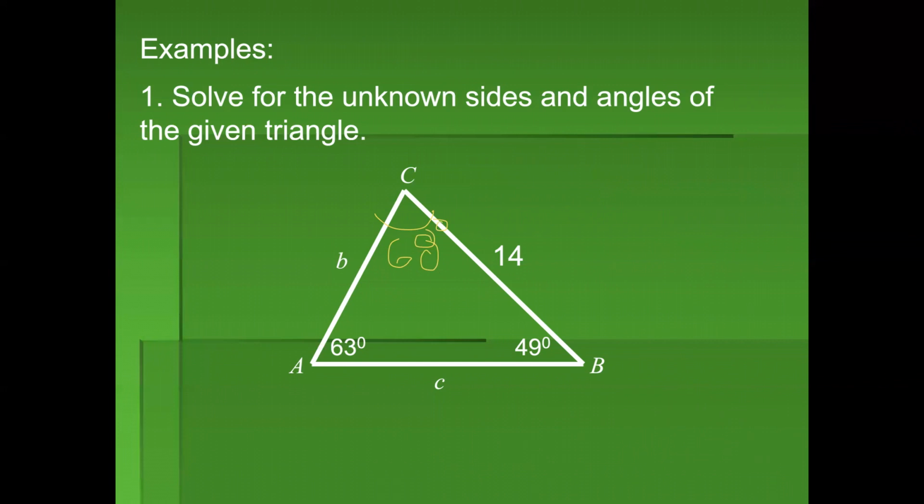Now let us solve for the missing sides. Here, we are only given side A, which is 14.